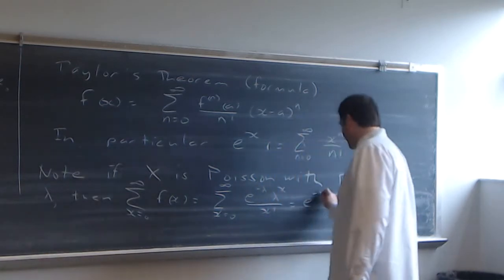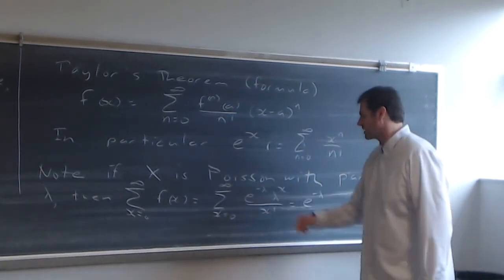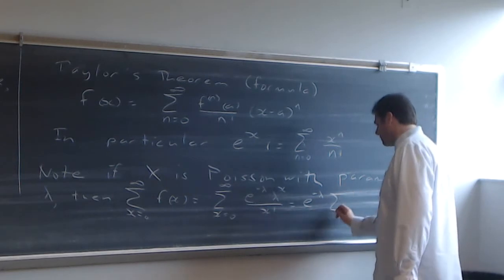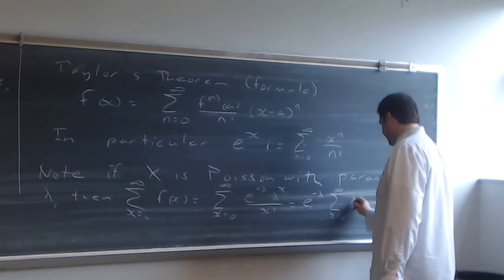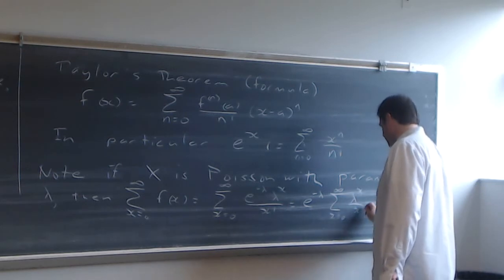You pull out the e to the minus lambda, because it's a constant with respect to index x. Sum, as x runs from 0 to infinity, of lambda to the x over x factorial.